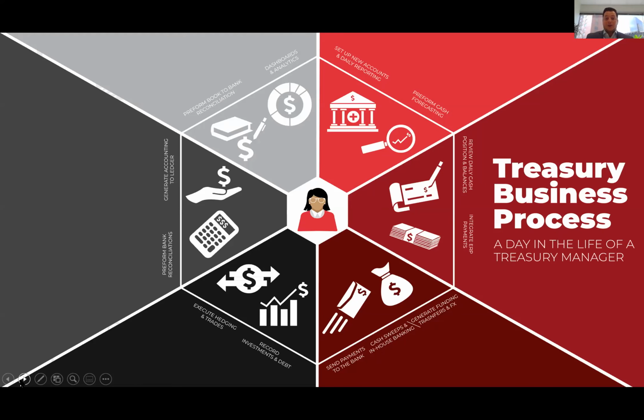So we'll look at setting up new bank accounts, performing cash positioning, making treasury payments, whether that's funding different accounts or paying external payees, and then ultimately doing a bank reconciliation within Oracle's product.